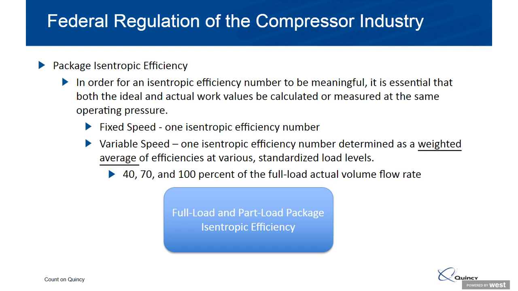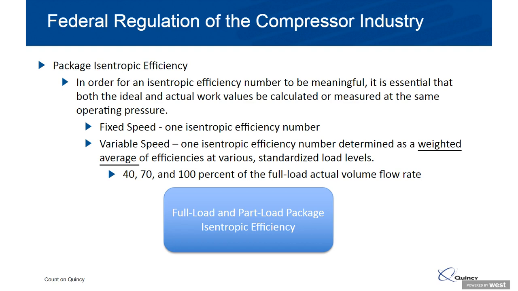In order for an isentropic efficiency to be meaningful, it's essential that both the ideal and actual work values be calculated or measured at the same operating pressure. For fixed speed, this is one isentropic efficiency number. One number, 72% versus 76% as an example. For variable speed, this one number is a weighted average of 3 different points, or standardized load levels.